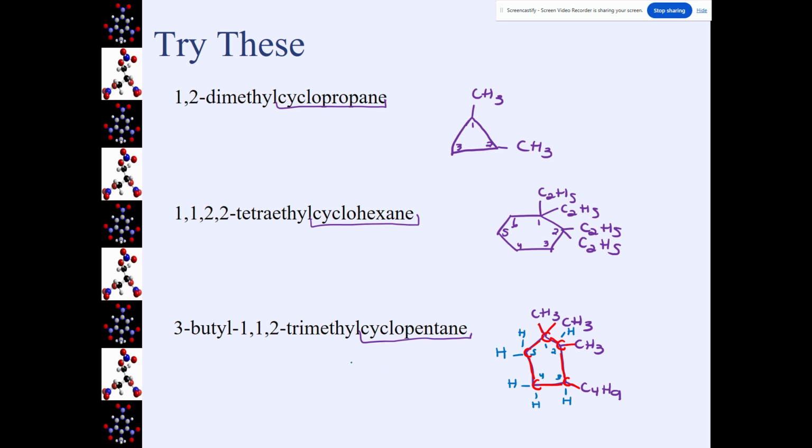So the formula for this would be C, don't forget the branches, so 5, 6, 7, 8, 9, 10, 11, 12, C12. Following my generic rule formula, it should be double the hydrogens, but count and make sure that's what you have: 24. So always double check when you're writing the formula. Make sure you can identify how many hydrogens you have compared to carbons.